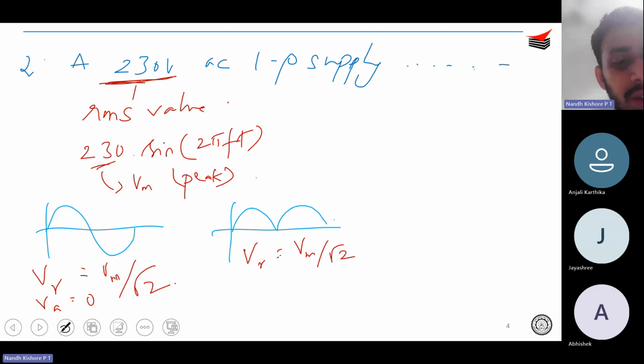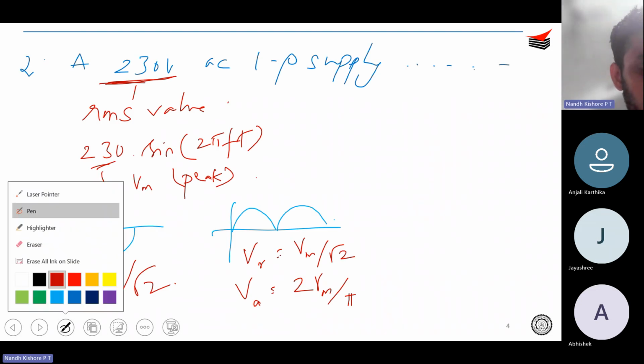It's a quick reference, just like a thumb rule. So the Vrms for a rectified wave is Vm by root 2, and V average is obviously not 0. What is its V average? It will be 2 Vm over pi. This is something you might have seen in your rectifiers module, but anyway, V average is 2 Vm over pi.